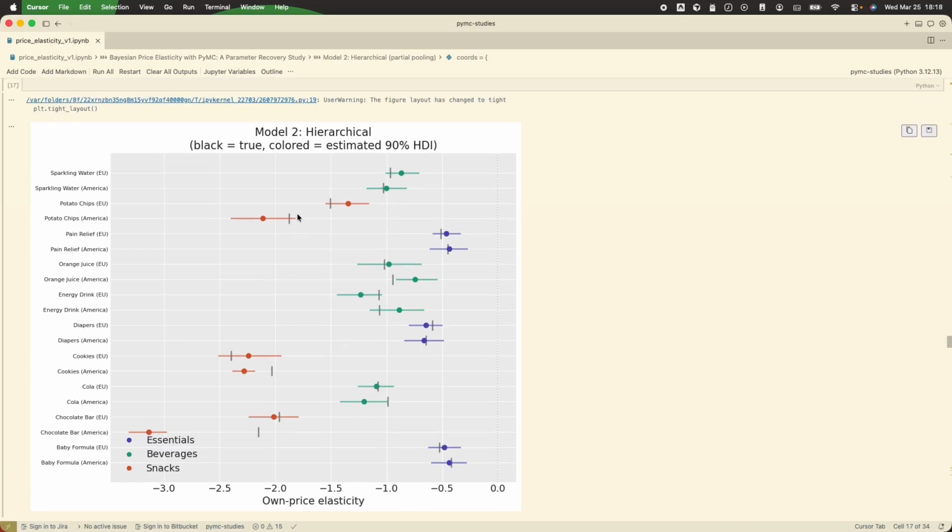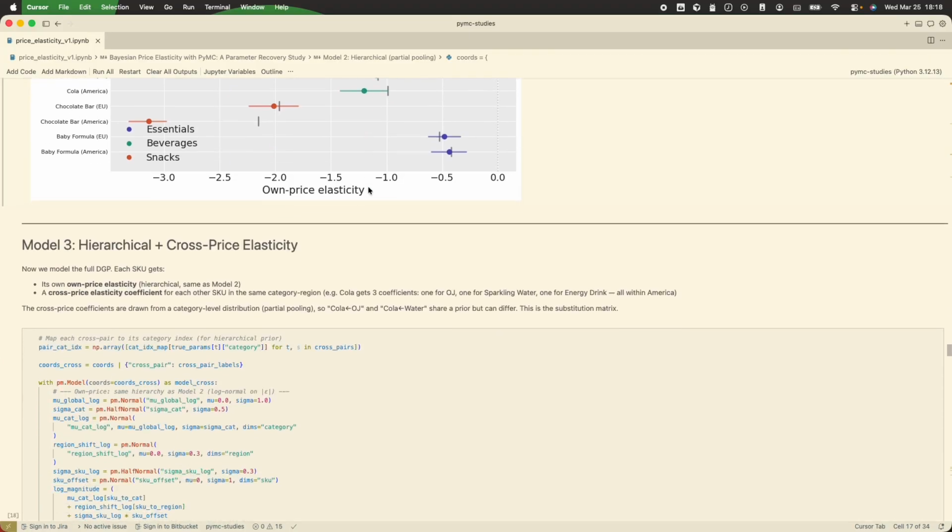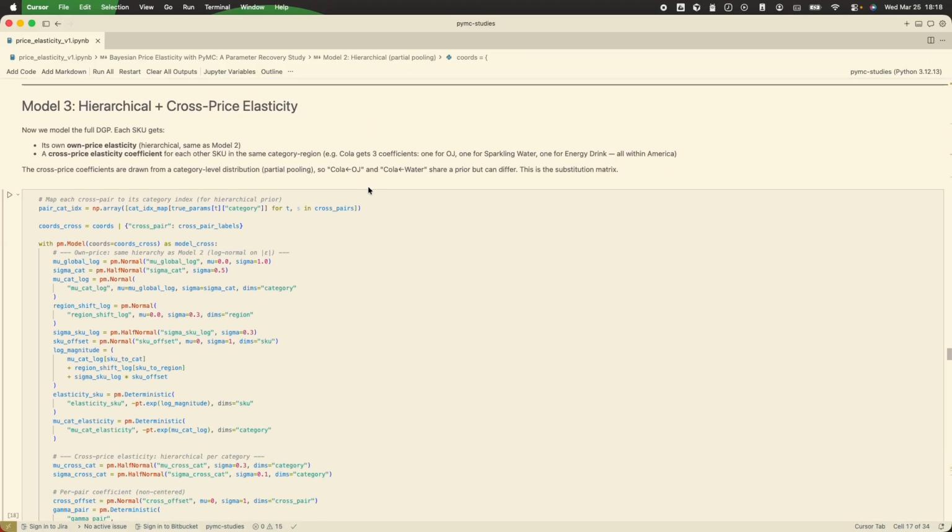So we're gonna compare the three models at the end. It's hard to compare them just visually, but you'll see that model 2 gets slightly closer to truth than model 1. And finally, we can move to model 3, which has both hierarchy and cross-price elasticity. Now that's basically the full story.